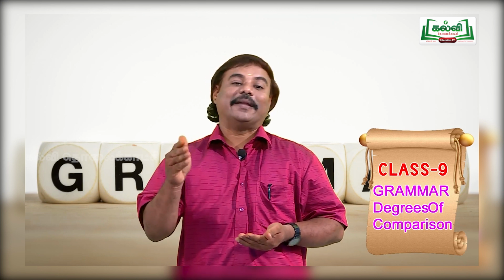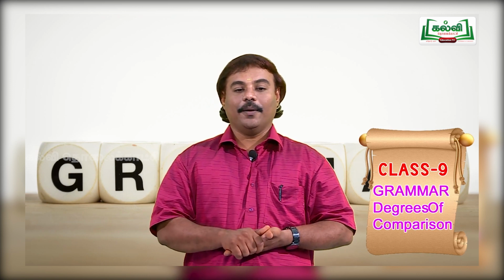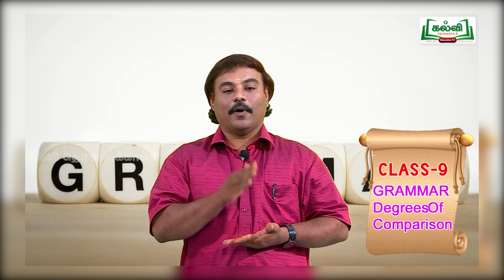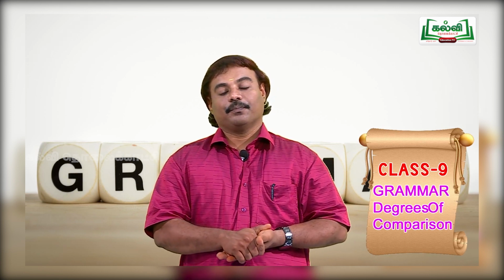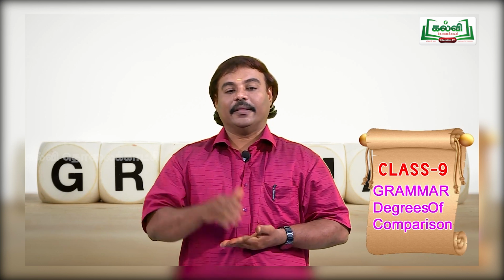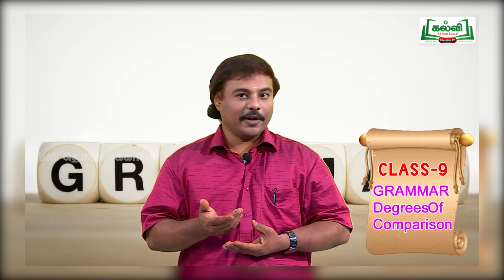It's just a practical class for you. In the first column, positive degree. In the second column, comparative degree. And in the third one, superlative. Are you following me? Are you doing this work?